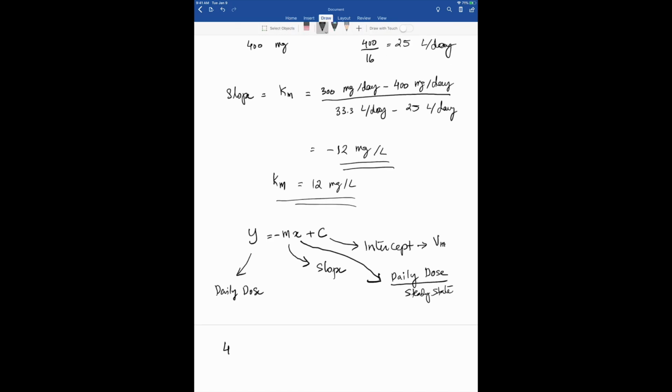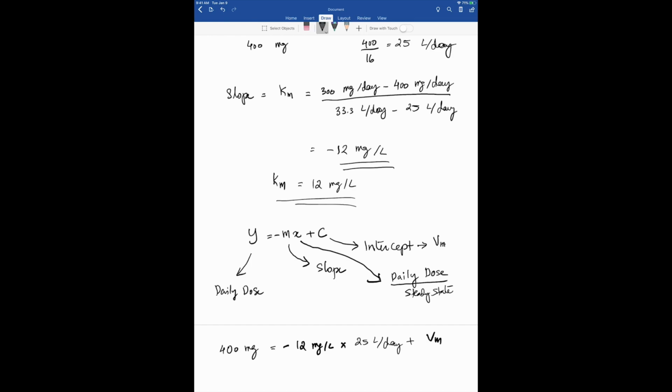If we plug in 400 milligrams on the left side of the equation, and then negative 12 milligrams per liter times the x, which is 400 divided by 16, or 25 liters per day, plus C, which is your Vm.